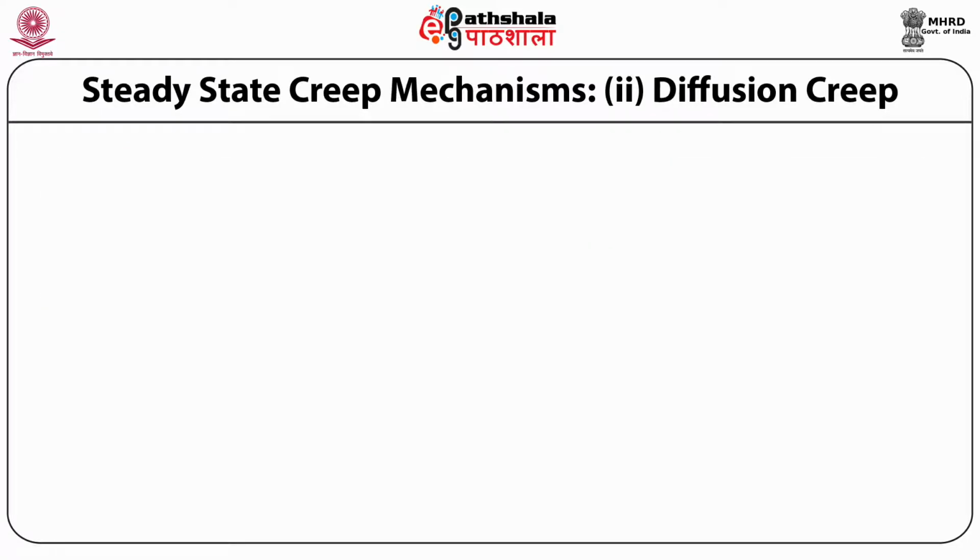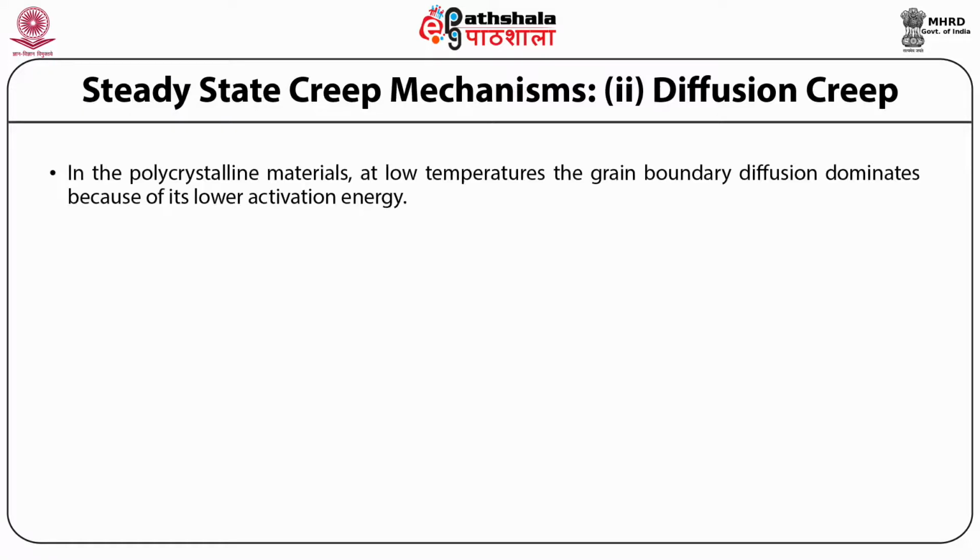Continuing our discussion over the diffusion creep, in the polycrystalline materials at lower temperatures, the grain boundary diffusion dominates because of its lower activation energy.